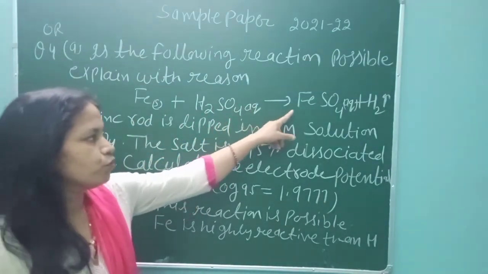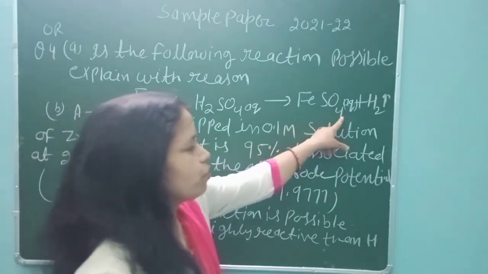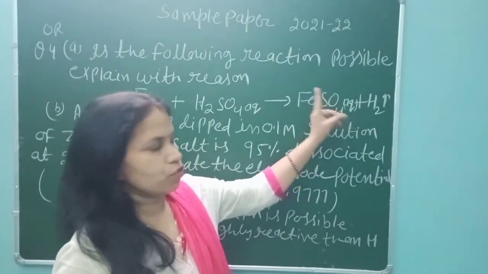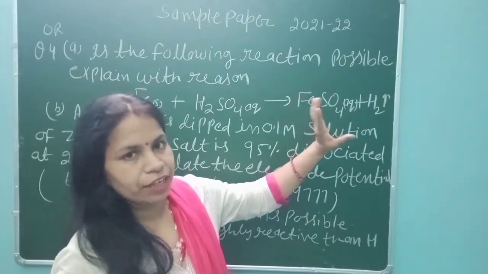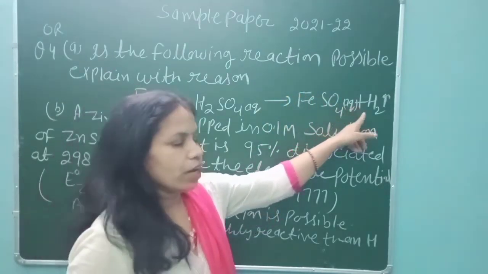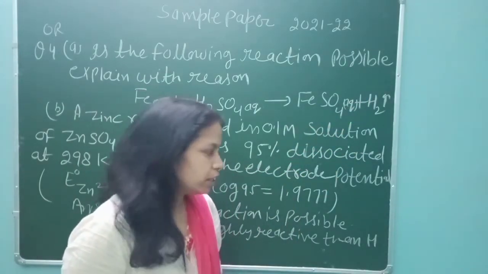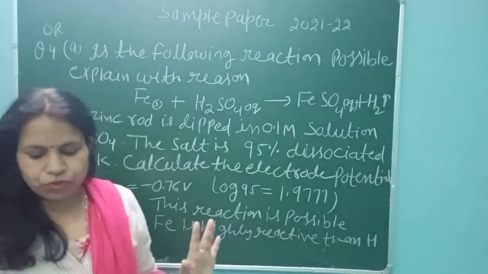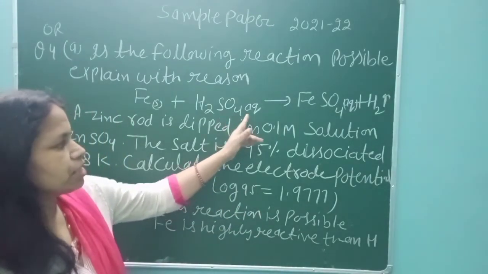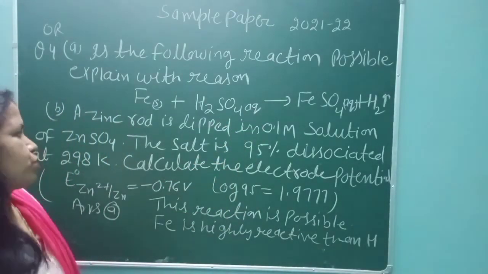So FeSO4 is formed. Aqueous solution means salt present in water. The solution of salt in water is called aqueous. When we write H2O, liquid is mentioned. So hydrogen gas is evolved. Clear? The first question is clear. So Fe displaces the hydrogen from H2SO4.